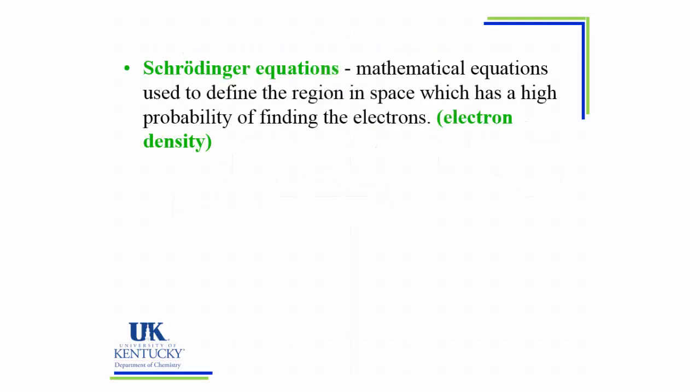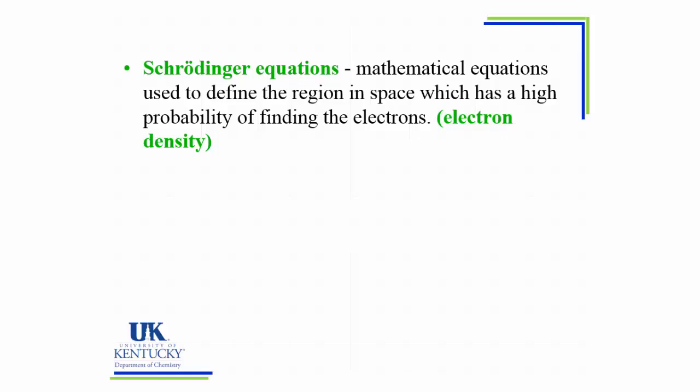Schrodinger developed mathematical equations that are used to define these regions in space. These Schrodinger equations are quite complex. They take into account the particle nature of the electron, they take into account the wave nature of the electron, and they require a lot of calculus to define these regions in space.